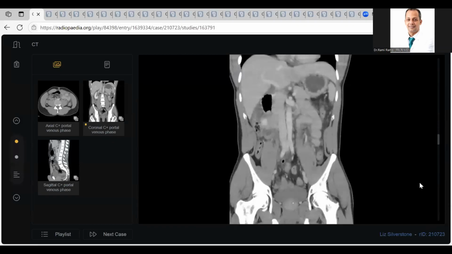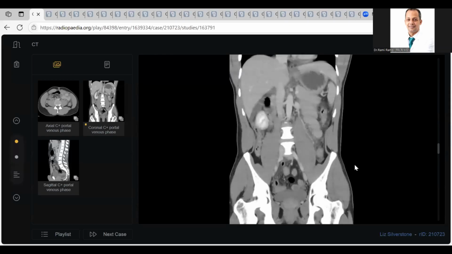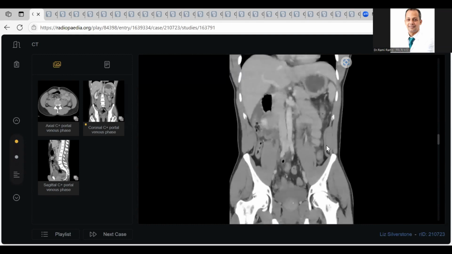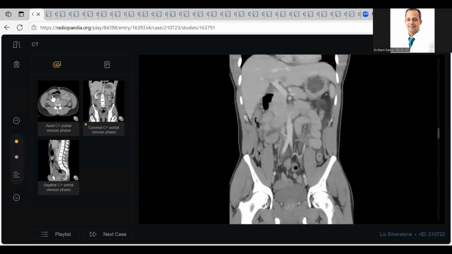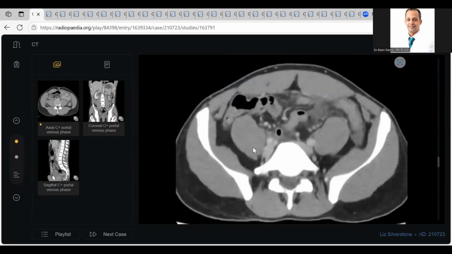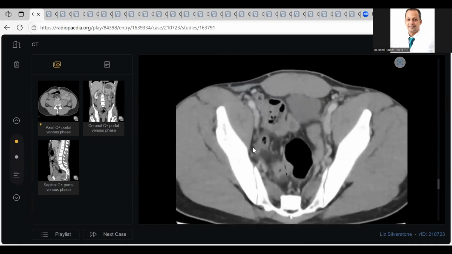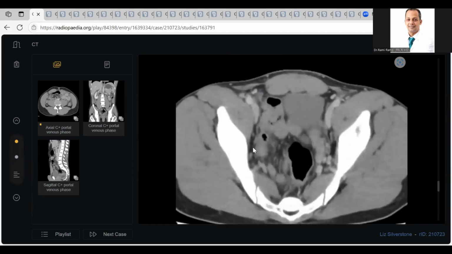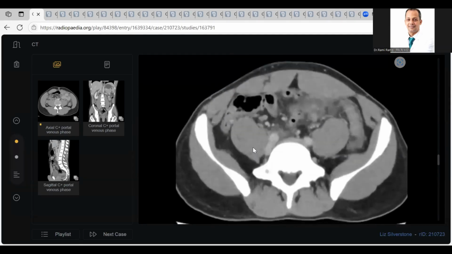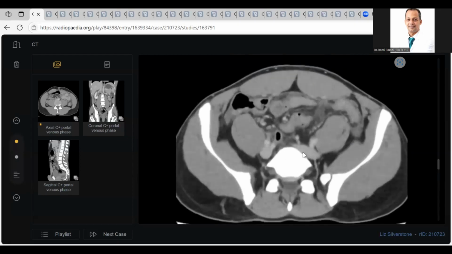Even when I'm trying to trace it to the base, it is very difficult. See, this is a blind-ended structure, and here it doesn't disappear. Also in axial. Anyway, it was appendicitis.